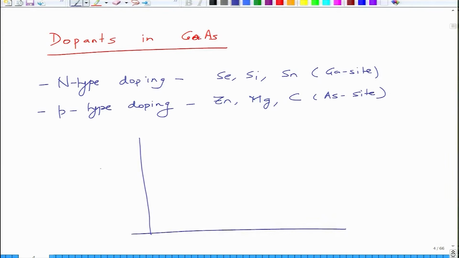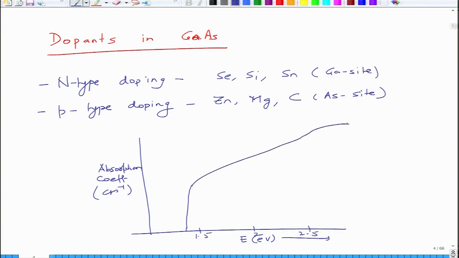Let us say you have absorption coefficient alpha in centimeter inverse, and then E in eV, with the axis running from 1.5 to 2.5. Gallium arsenide is slightly lower than 1.5, and its absorption will increase like this.